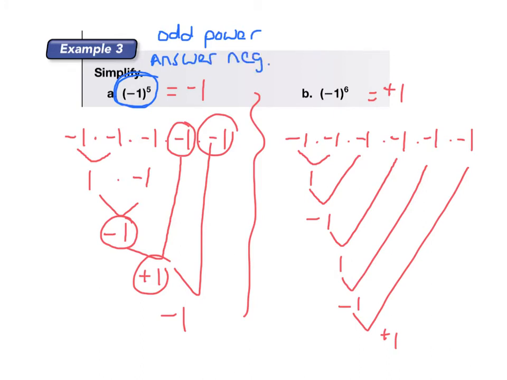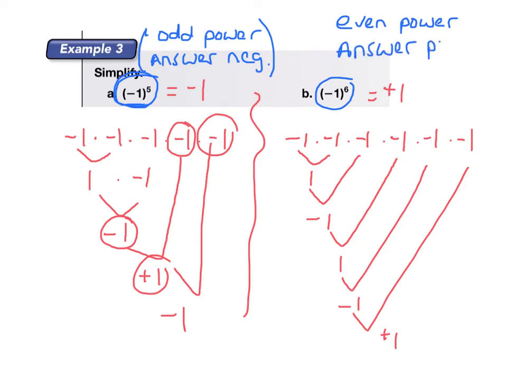Again, if you raise a negative number to an odd power, the answer is negative. If, on the other hand, you raise a negative number to an even power, it will always be positive. Your answer will be positive. And that's something you need to remember and you will use a lot. All right, let's move on.